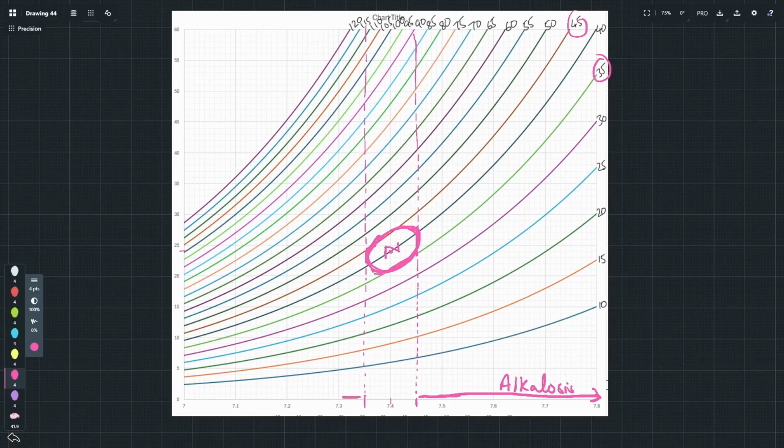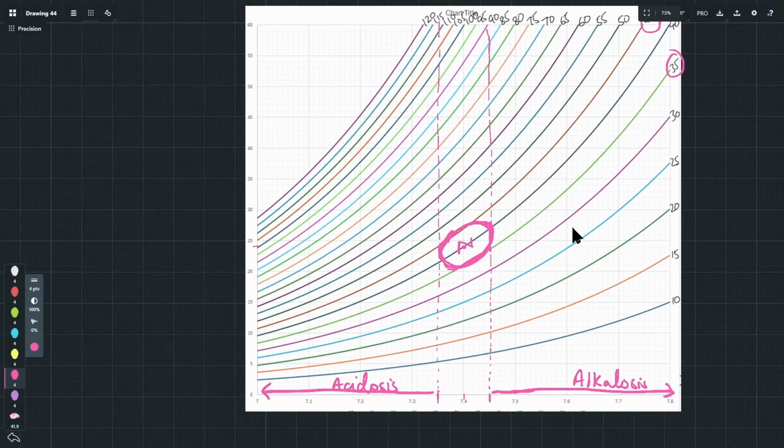And anything in this range would be in the acidosis range. Now it won't be like everything here would be alkalosis and everything here would be acidosis. It is a bit more nuanced, and actually there are certain rules that are followed that are called renal rules.